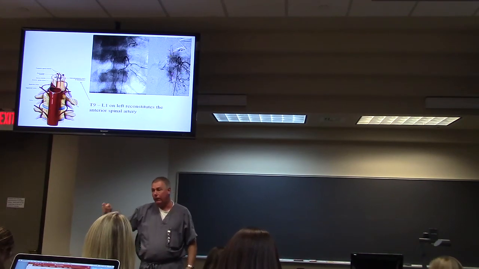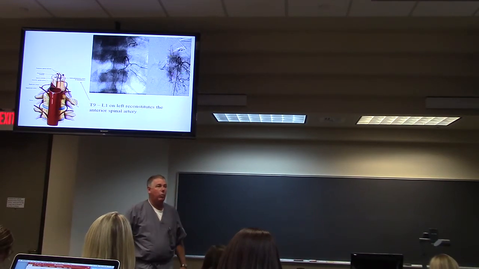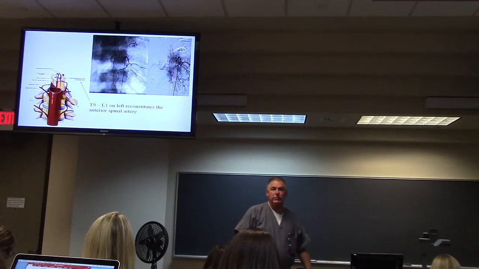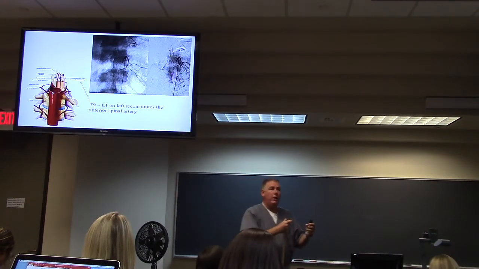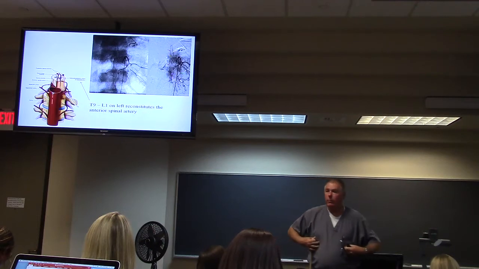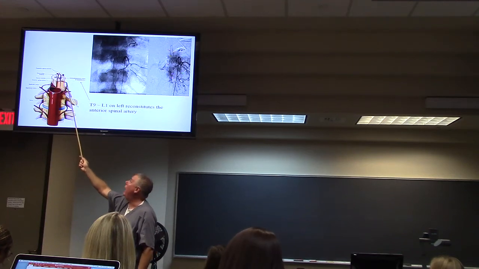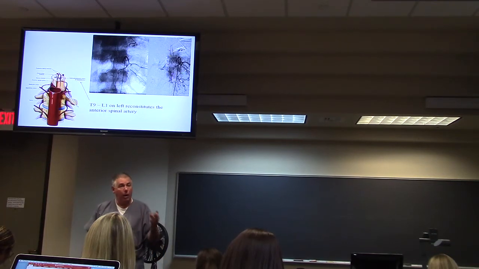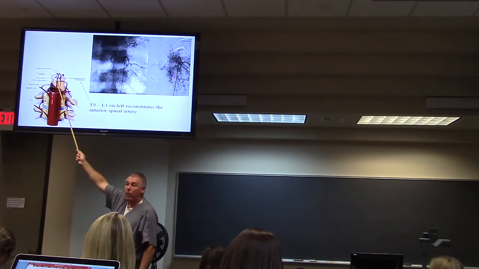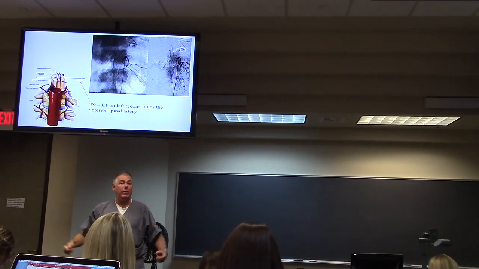Very specific. It's only on the left side and it's somewhere in here. It varies between people. The reason this is important is if you're doing contrast studies and injecting thick contrast material, doing a renal arteriogram, you have to worry about dumping all of that thick contrast material right here and clogging that artery, because that artery essentially supplies the lower part of the spinal cord that supplies your legs.